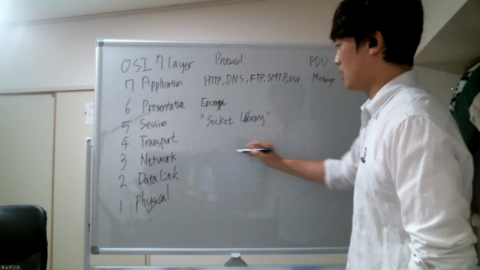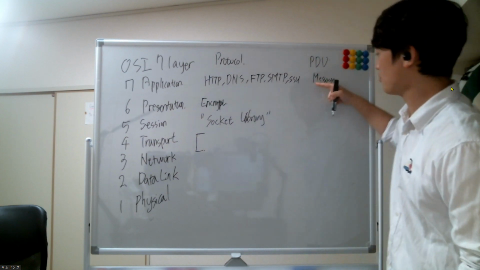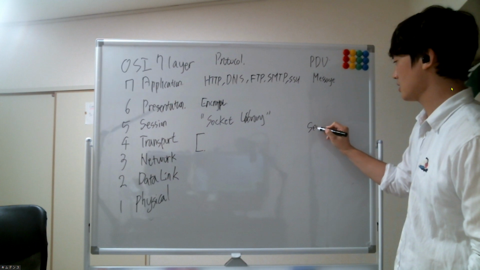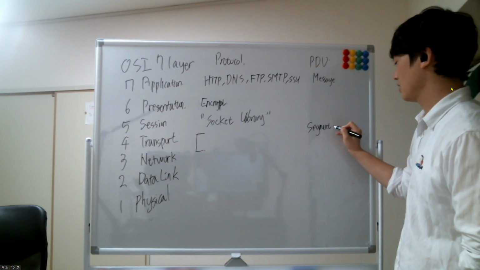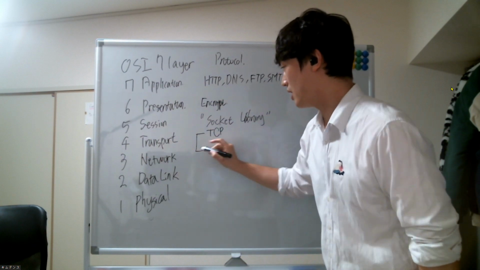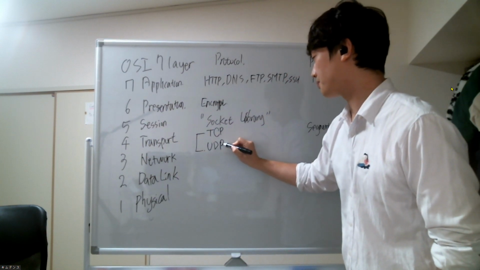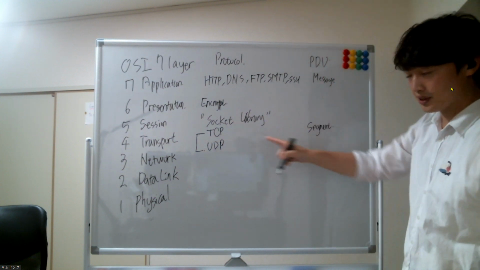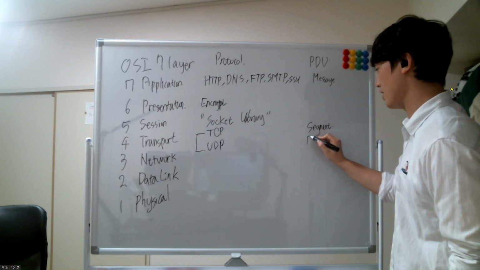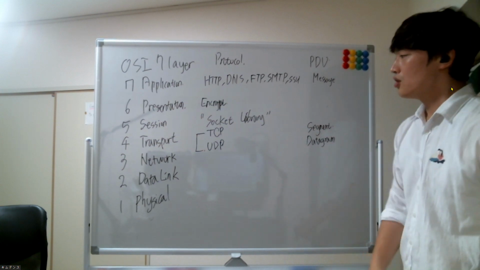So data comes here and it becomes a segment, using the TCP protocol in the transport layer, and also the UDP protocol. In the TCP protocol, the data unit is a segment, and in the UDP protocol, the data unit is a datagram.